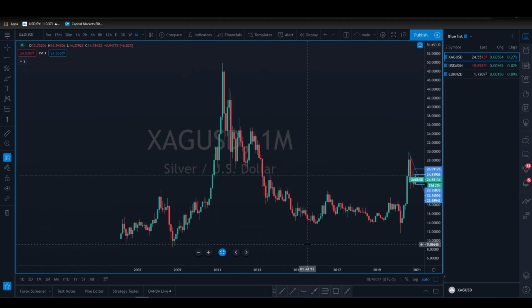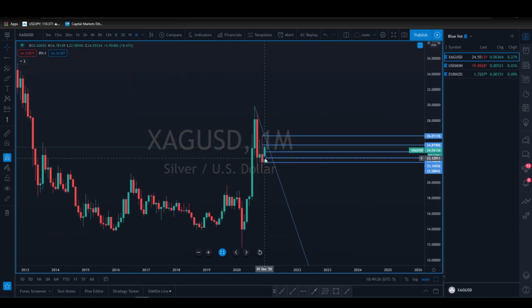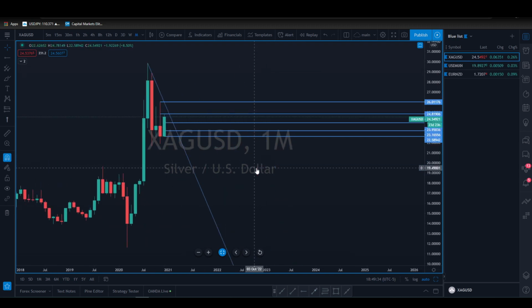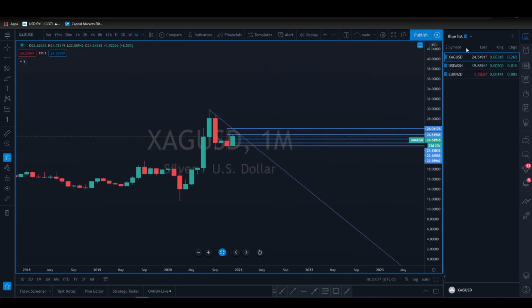Here's your last down closing monthly structure, and then boom, up. Now this candle has a lot of time still yet before it closes, but any closure above this down closing candle's open is good for the bulls. I'll just say that. That's what I'm looking for on those three pairs.